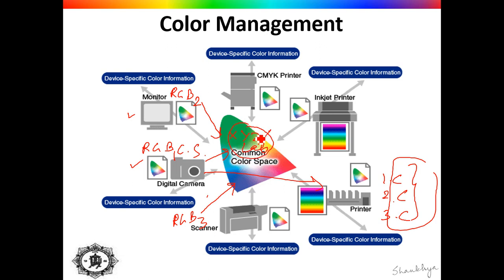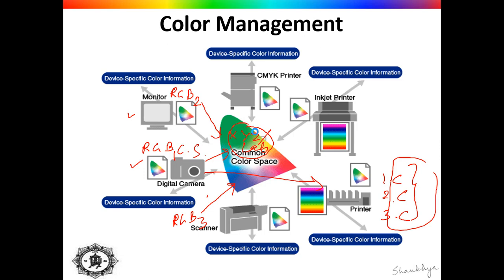Now what happens? In the first slide, when we talked about the schematics of color management in lecture 12, I think 12 or 11, what did we see? We needed to convert color spaces from device dependent color space to device independent color space before converting them back into another device dependent color space.